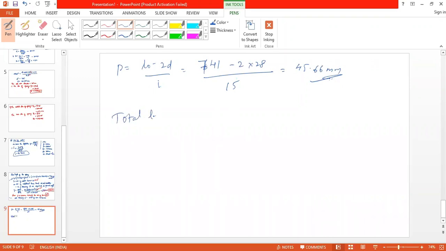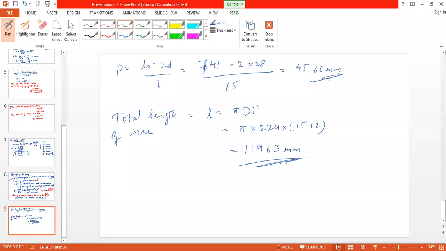And total length of the spring is L is equal to pi D I dash, where I dash is nothing but the total number of coils. That is pi into 224 into 15 plus 2. This is the total length of wire, 11963 mm.